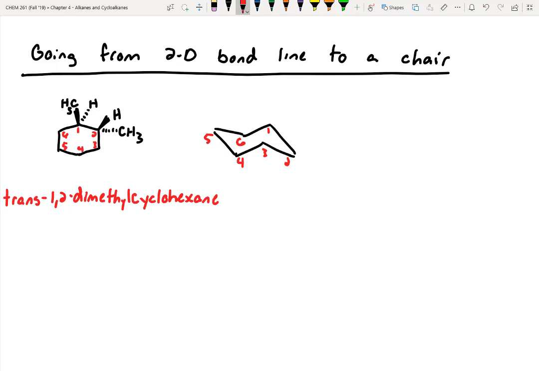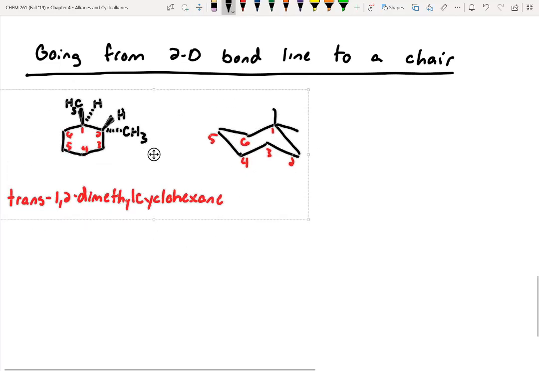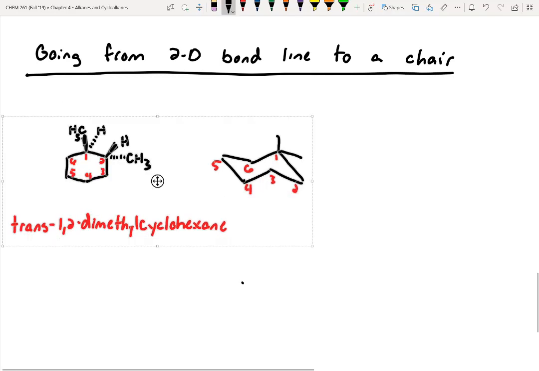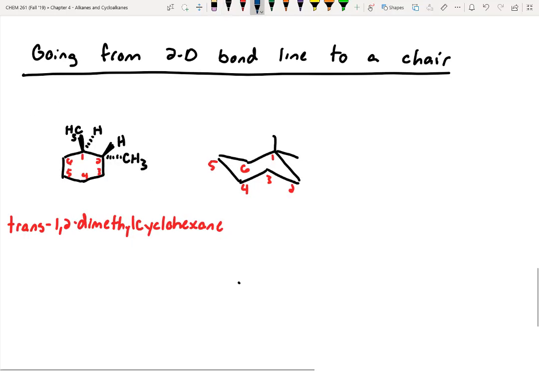We've got our chair. All right, off of position 1, we would have an axial group sticking straight up and down, and an equatorial group. It's kind of out and away like that. Now what I want you to do, let me actually slide this down a little. We're going to imagine ourselves hovering above this molecule, looking straight down on top of it.